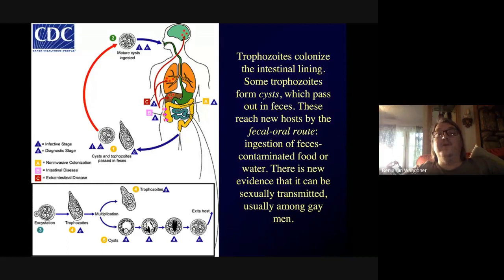Some of those trophozoites form cysts, and the cysts reach new hosts by, again, the fecal oral route. There's some evidence that in some circumstances it can be sexually transmitted as well. But yeah, good argument for washing your hands after using the bathroom.